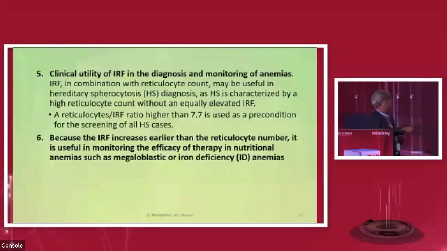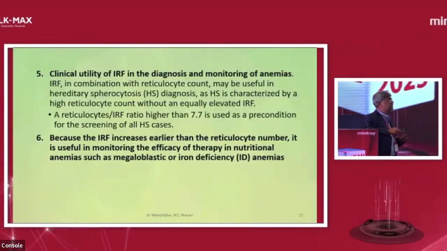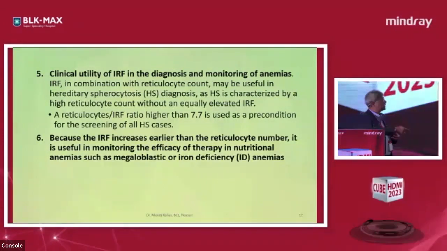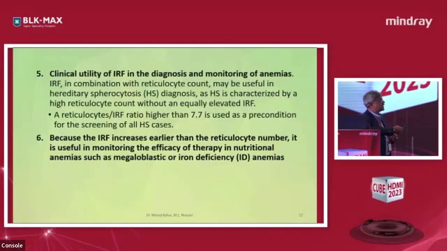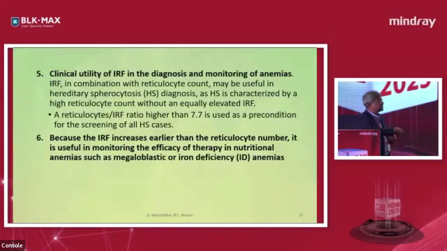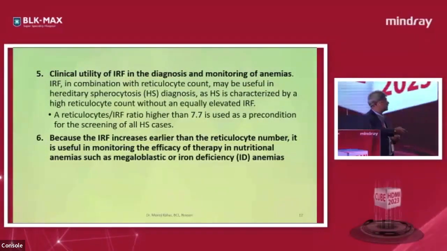Then IRF is also used in the diagnosis and monitoring of various anemias, and some researchers have used a reticulocyte count to IRF ratio of more than 7.7 as a precondition to screen for hereditary spherocytosis cases.